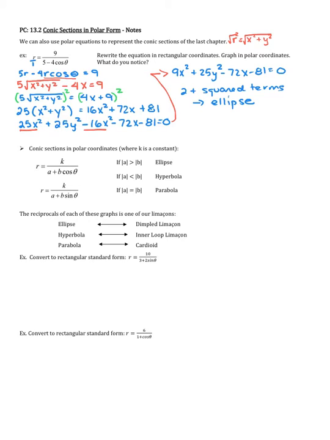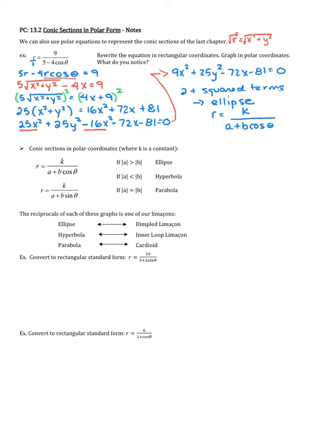You can now look back at the equation: if you have r equals k over a plus b cosine or sine, it doesn't really matter, it's just a matter of whether it's more in the major direction of the x-axis or the y direction. So if a is greater than b, as it was in this case, you end up with an ellipse, because when we subtracted 25 minus 16, we came up with a positive 9x squared.